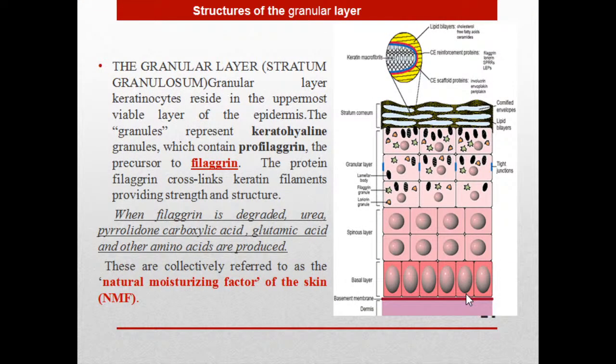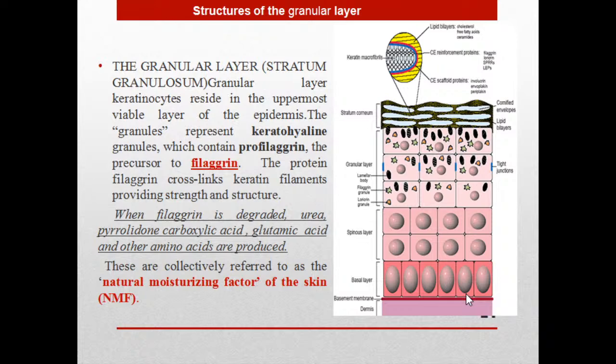Stratum granular layer keratinocytes reside in the uppermost viable layer of the epidermis. The granules represent keratohyalin granules, which contain profilaggrin, the precursor to filaggrin.